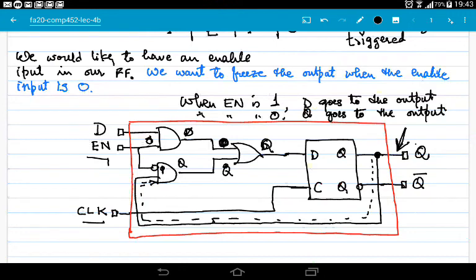But when enable input is 1, whatever is the value of D, it will propagate or be latched to the output when clock goes from 1 to 0, or on the negative edge of the clock.